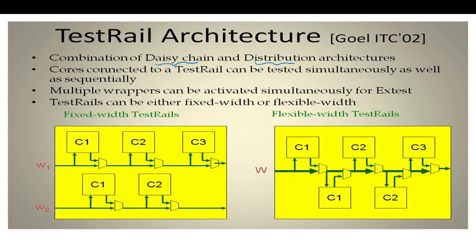Now what is fixed width? Say we have W1 and W2 widths. We have fixed them. W1 width is to test cores C1, C2, C3, and W2 width is to test, say, C4, C5.